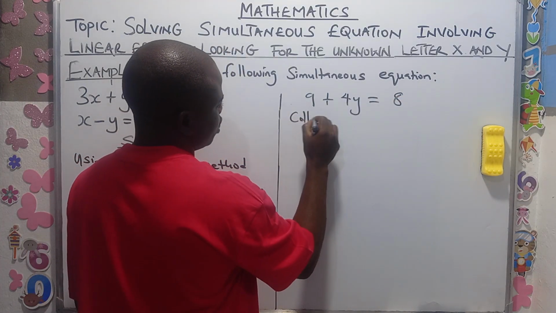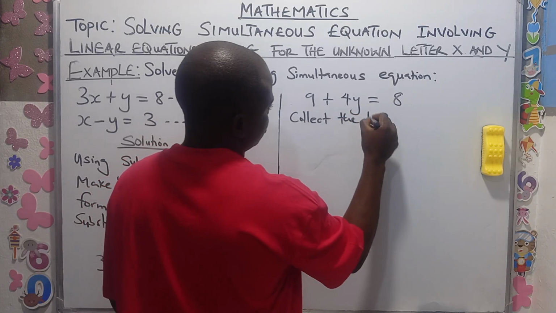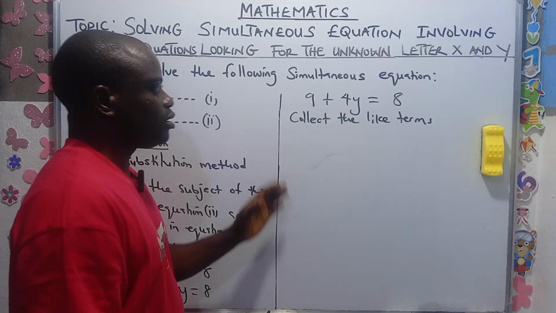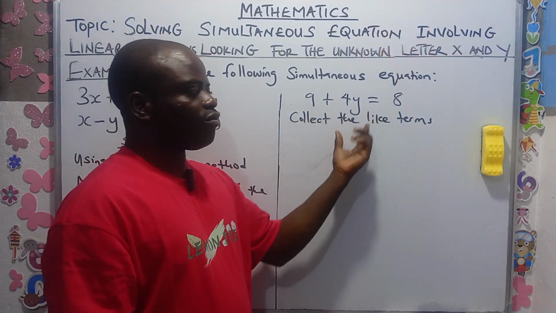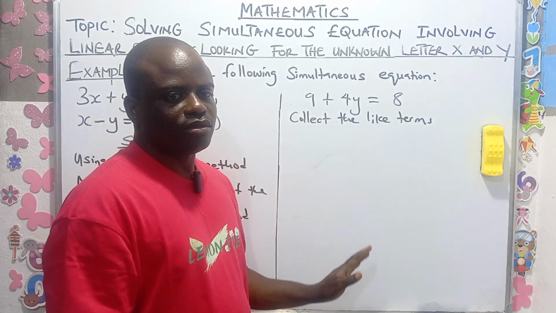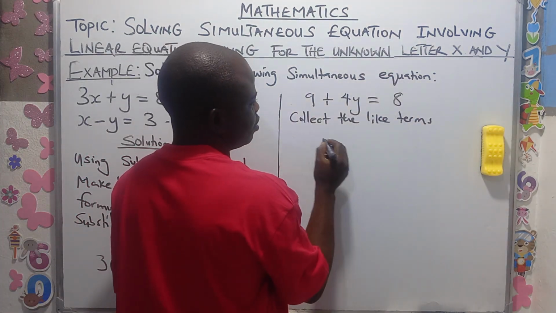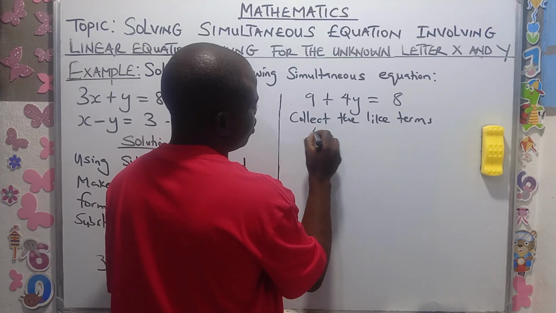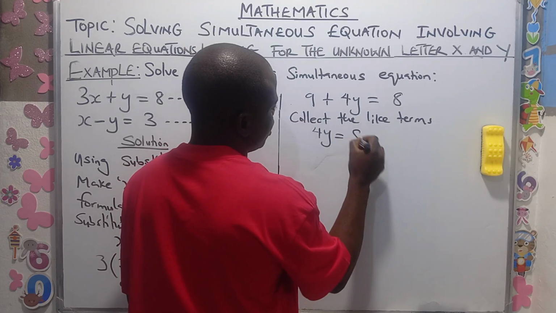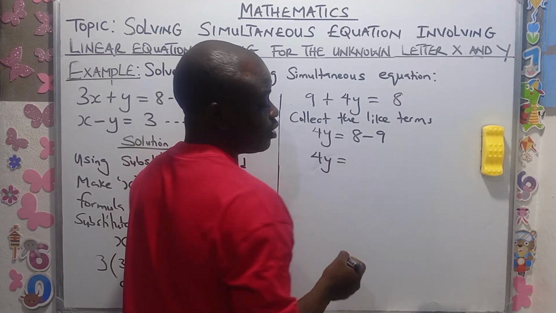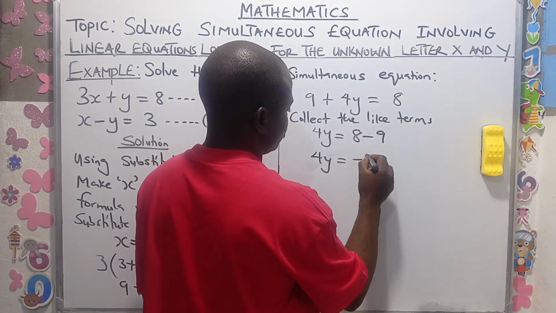Let's collect the like terms. Collecting the like terms means that those numbers that don't have y, you bring them together. Now this 9 is crossing the equal sign from positive to negative. You have 4y equals 8 minus 9, that is minus 1.